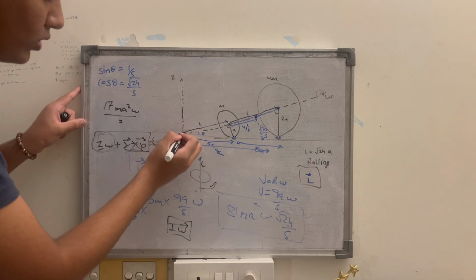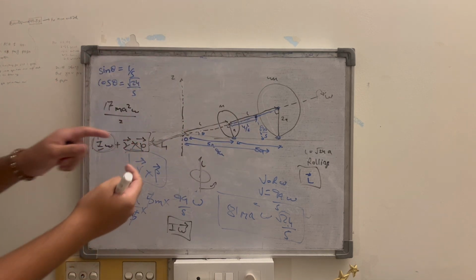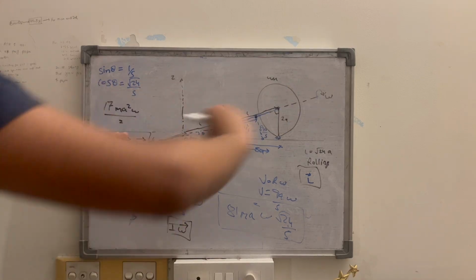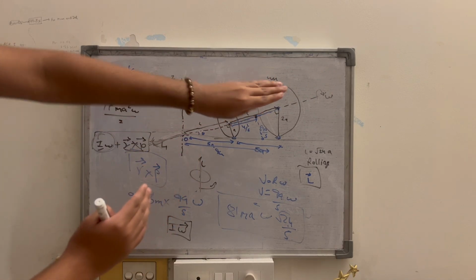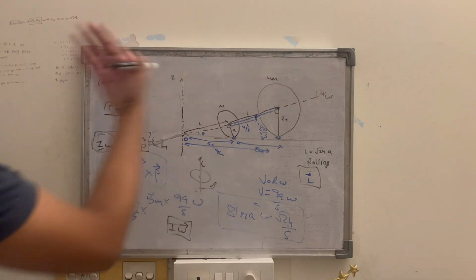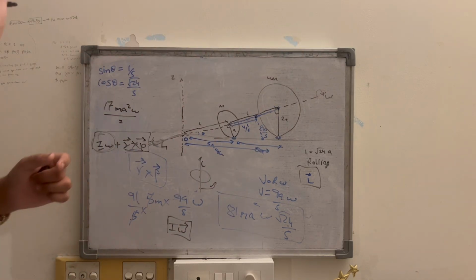It won't be around the z axis. It has its own axis. This is its own axis, so it is going like this. Try to visualize this.